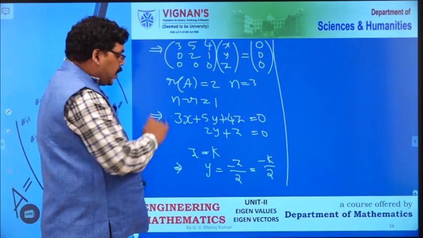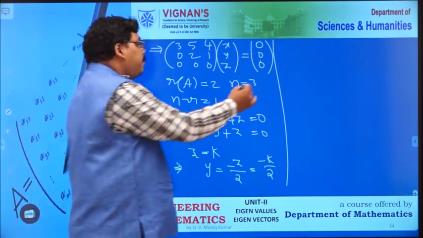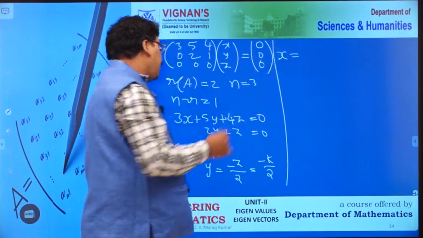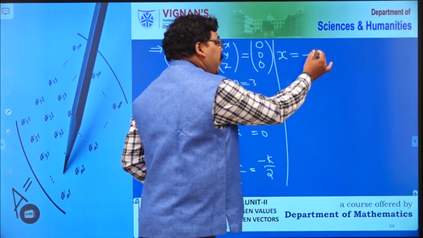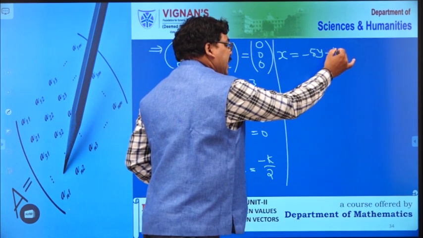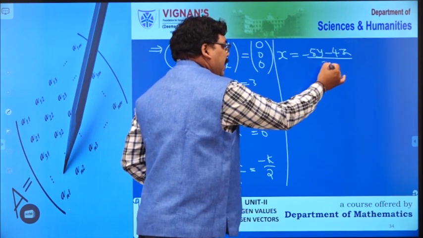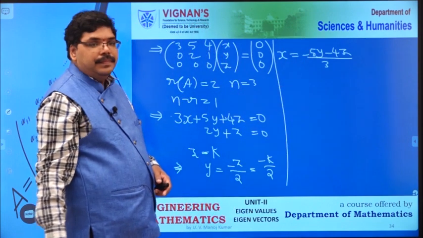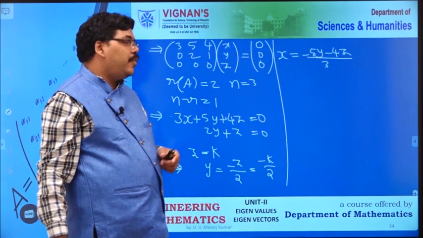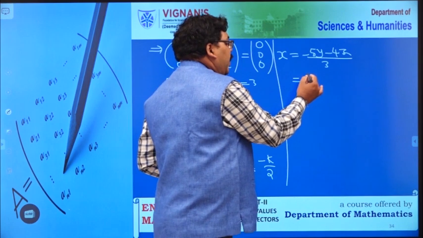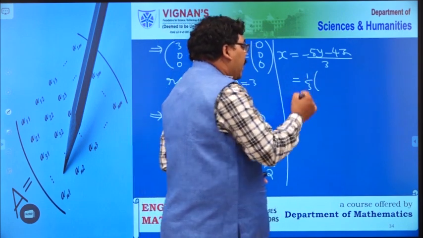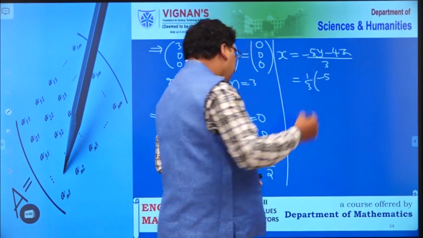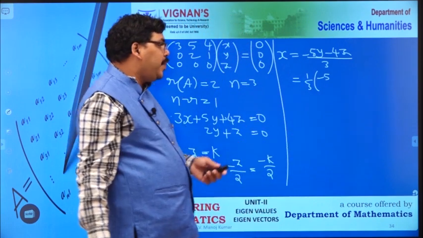From the first equation, x can be written as x equals, see here, bring these two terms to the other side, minus 5y minus 4z divided by 3. So 1 by 3 into minus 5, what is y? Y is minus k by 2.